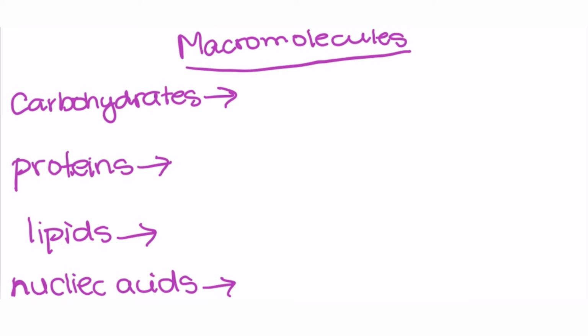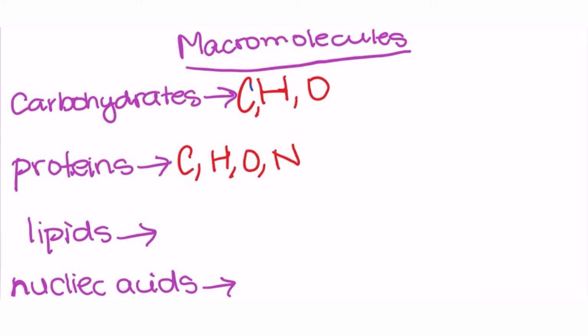So carbohydrates contain a combination of just 3 atoms: carbon, hydrogen, and oxygen. Proteins contain a combination of carbon, hydrogen, oxygen, and nitrogen. Lipids: carbon, hydrogen, oxygen.